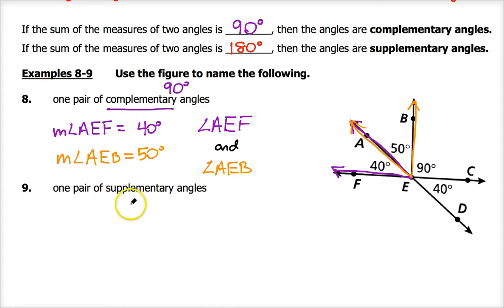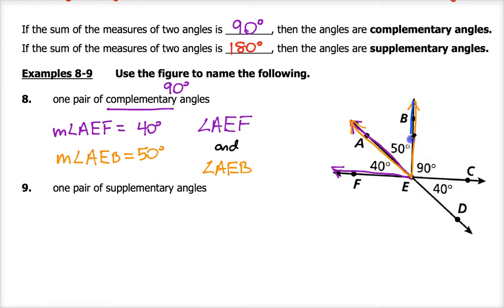Now, one pair of supplementary angles. We want two angles whose measures add up to 180 degrees. At first glance it looks like we can't find any two numbers that add up to 180 degrees, but let's think a little bit outside the box. Remember, we can add two smaller angle measures together to get one larger angle. Notice you have a 90-degree angle here and a 40-degree angle here.